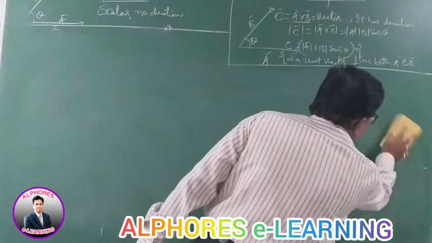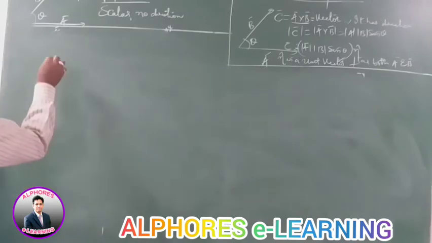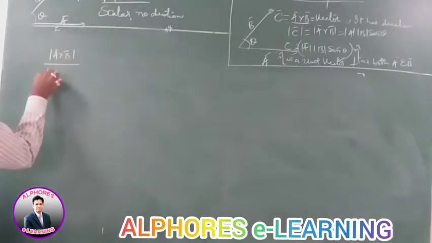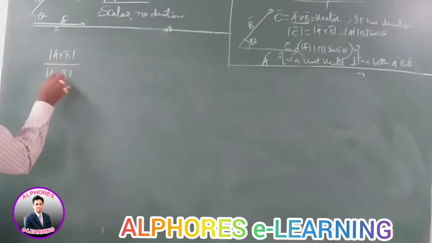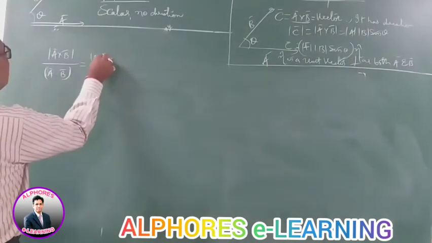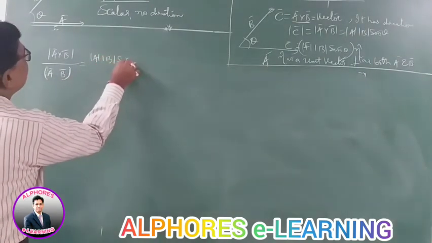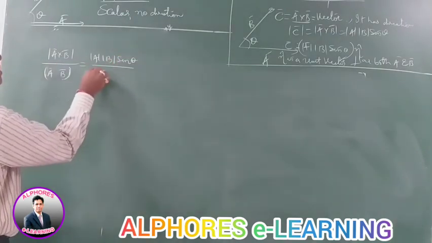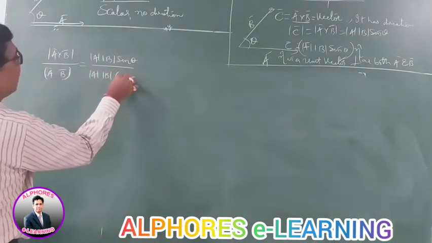If we take the combined effect of these both, for example, he is asking you to find what is mod A cross B by A dot B. Well, A dot B is a scalar, of course. The ratio of A cross B and A dot B. Well, this is mod A mod B sine of the angle, its magnitude only I am taking, divided by mod A mod B cos of the angle between.